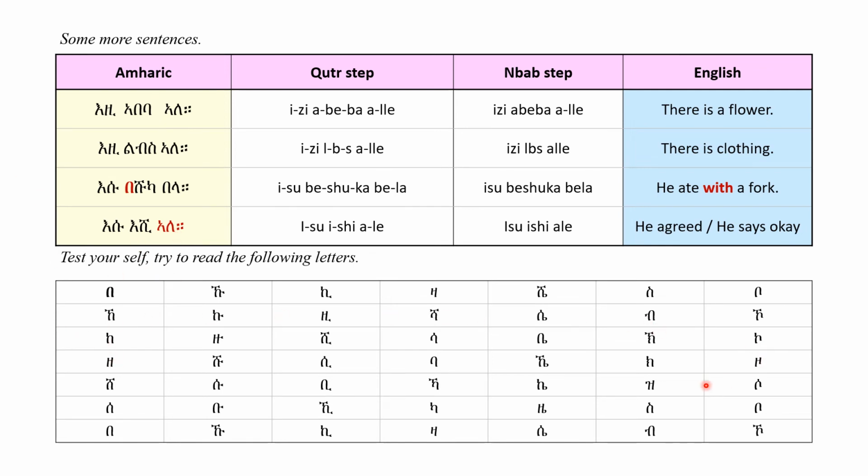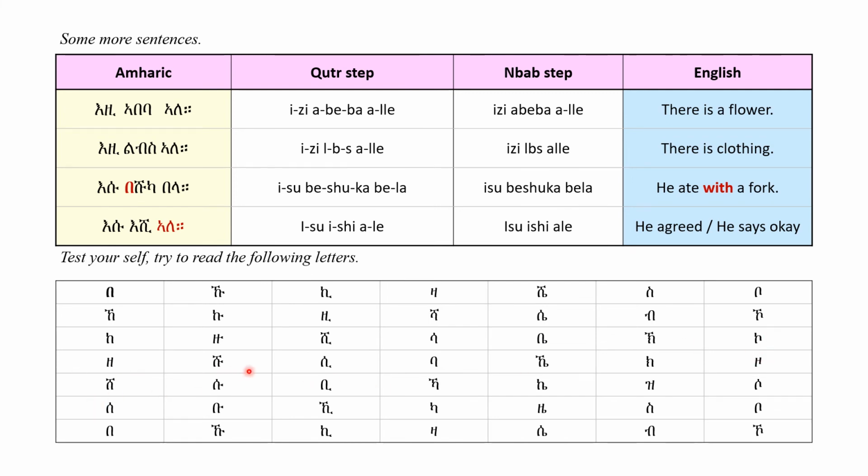Please read these letters to test yourself and to repeat lesson 1. Be, hu, ki, za, she, se, bo. He, ku, zi, sha, sie, b, ho. Ke, zu, shi, sa, bie, he, ko.